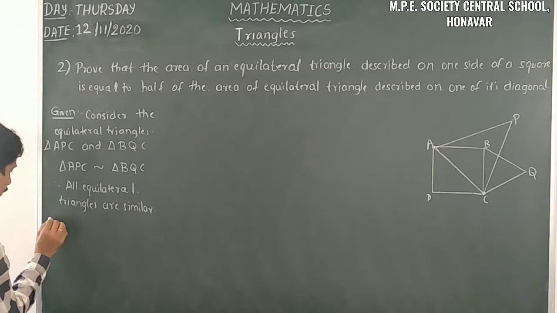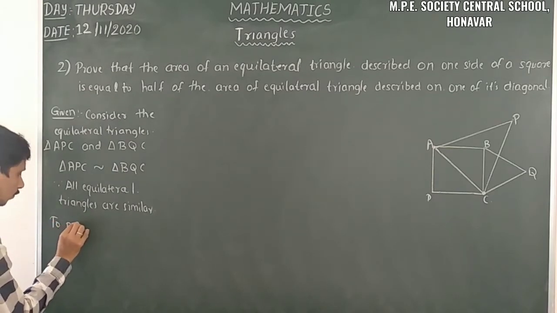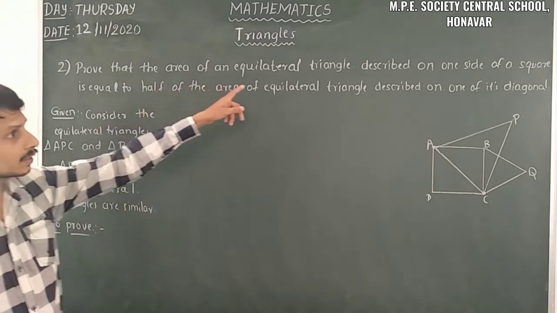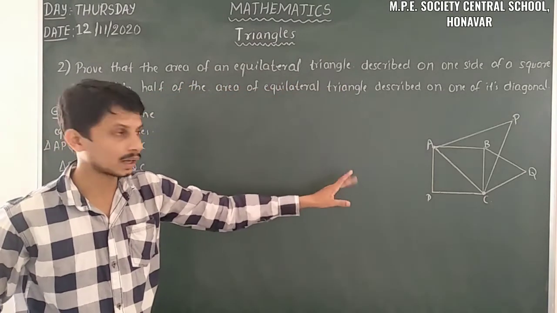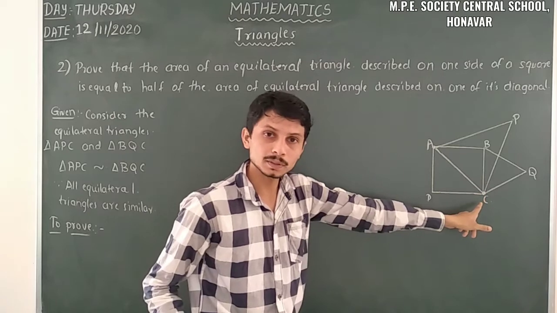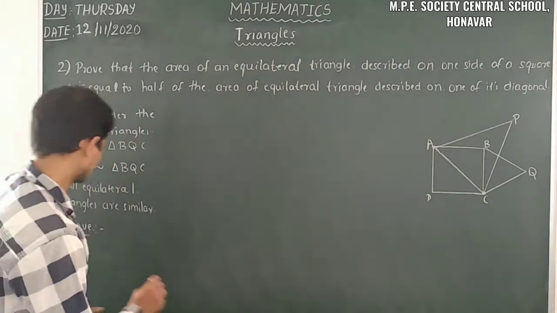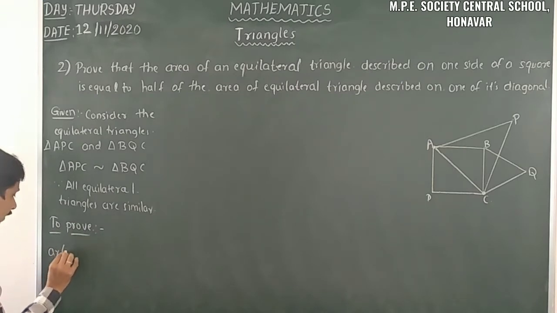To prove: the area of the equilateral triangle described on one side of a square. That means with the help of a side of a square we formed an equilateral triangle, so the area of that triangle is the area of triangle BQC.